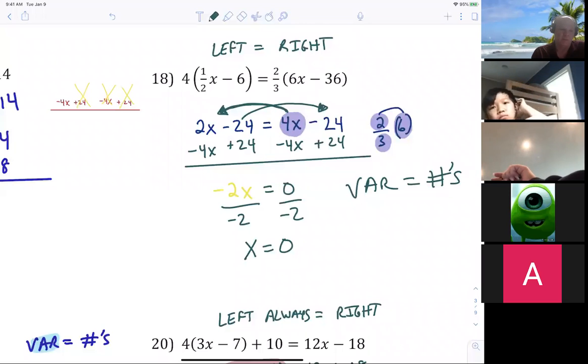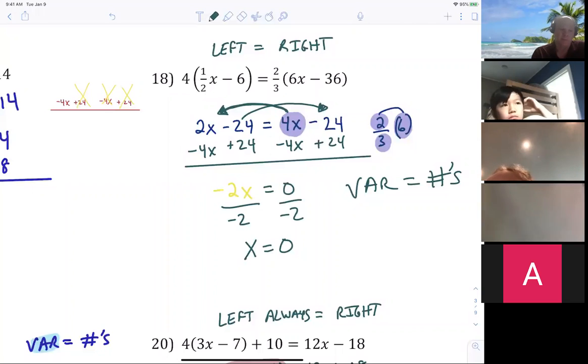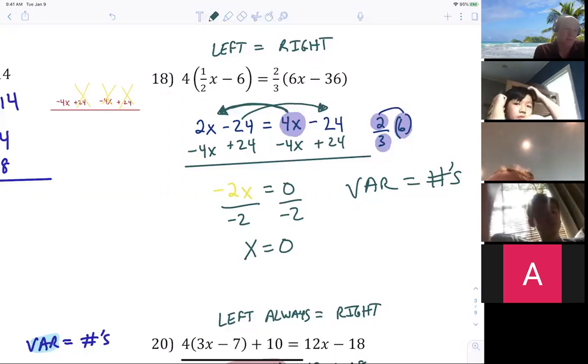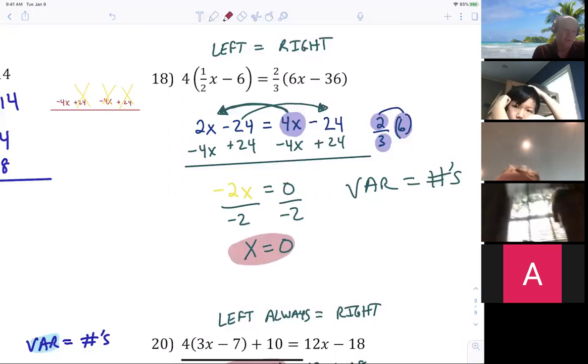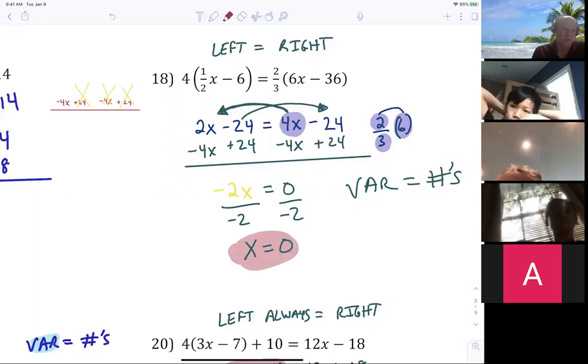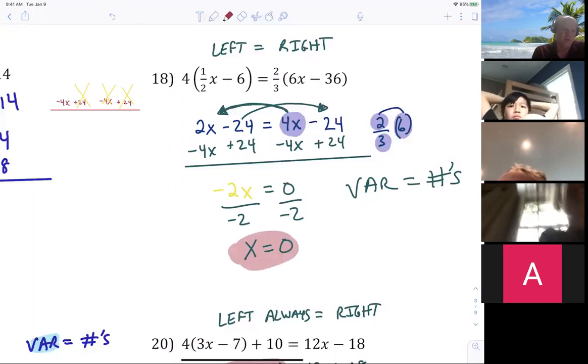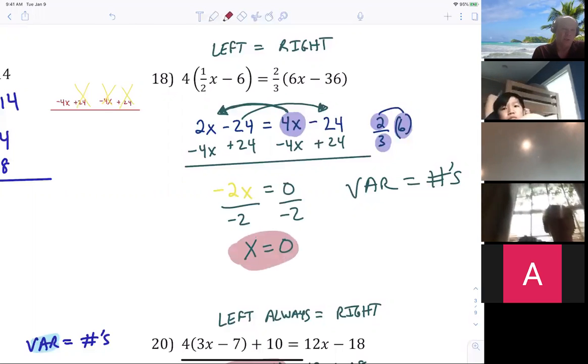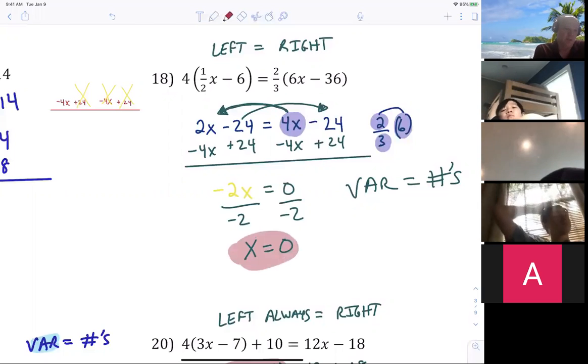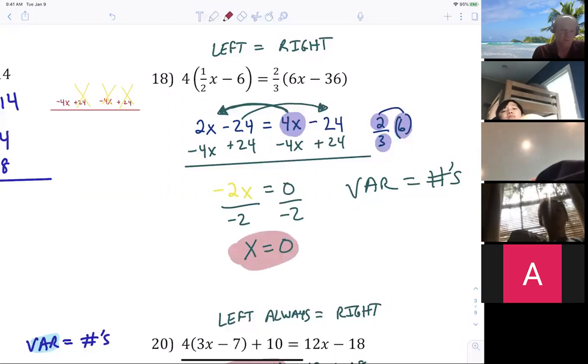Someone tell me. When x equals what? 0. Yes, guys, come on. The only time the equations are equal is if x equals 0.